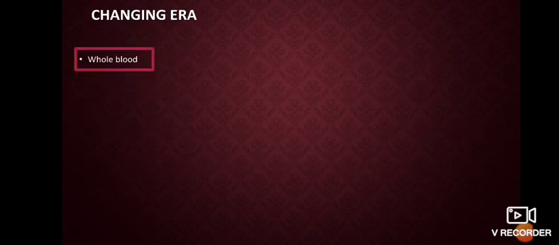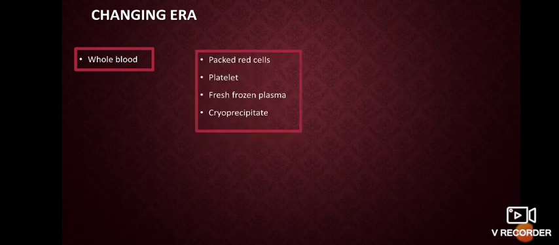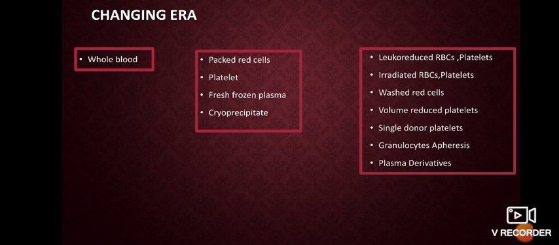And the changing era in which initially we were using only whole blood, and then started using some components like packed RBCs, platelets, FFP, cryoprecipitate, and now we have ended up and are still exploring the use of different other combined or recombinant blood products like leukoreduced RBCs, platelets, irradiated products, washed RBCs, volume reduced platelets, single donor platelets, granulocyte apheresis, and some plasma derivatives.